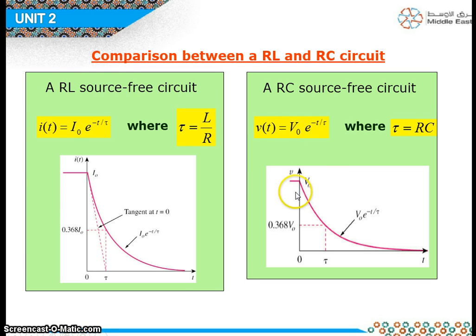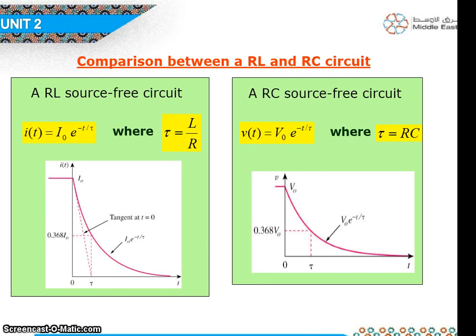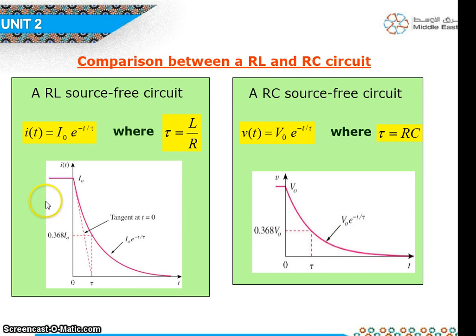The voltage discharges slowly, and the expression for the voltage at any instant of time is represented by an exponential curve. A similar case is for an RL circuit, but this time it is the current which decays, but the nature of the curve is much similar. It is an exponential curve too.